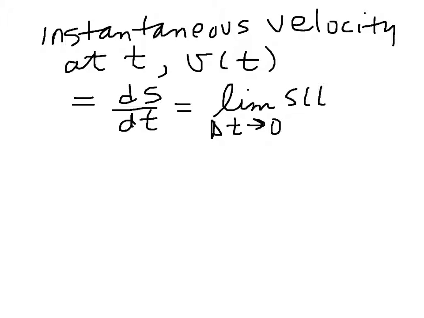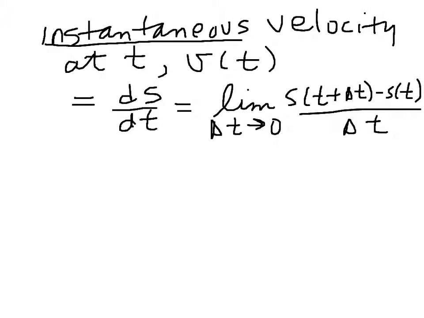How many times have we seen this now? There we go. So average velocity over an interval is the slope of a secant line. Instantaneous velocity is the slope of the tangent line, which is what we call the derivative.